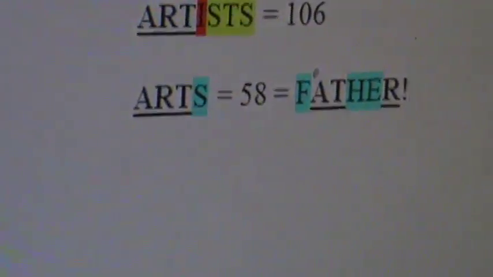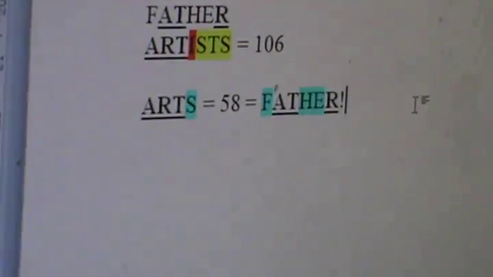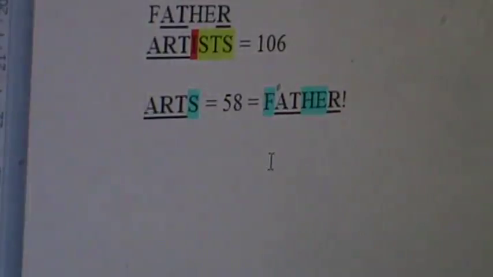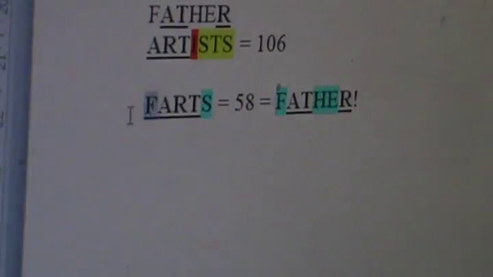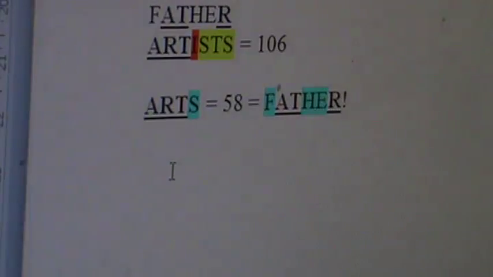So the Father created the arts. There it is. And then science equals Father. And then, of course, if you're really cool, you'll notice that farts add 6 points to that. So yes, the Father created farts, just like He created the arts. It's pretty cool. That is amazing. The arts.